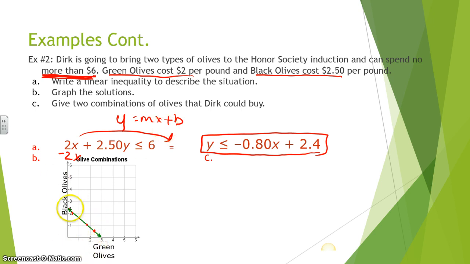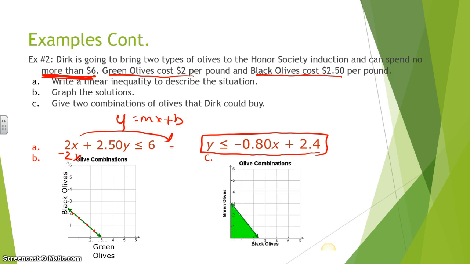based on my green and my black olives, and then I have to give 2 combinations of olives that Dirk could buy. So what that means is when I shade, y is going to be anything less than the equation. So I can pick 2 values, let's say 1, 1, and I can pick the value 1, 1.5.